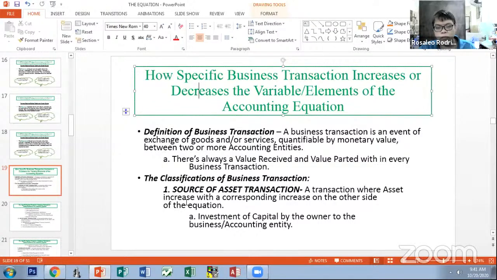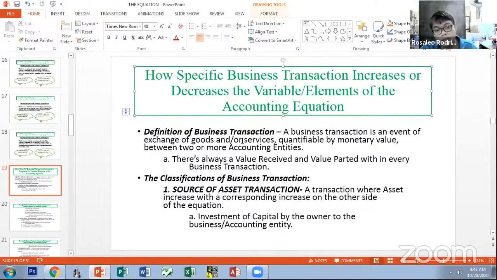So we are now going to the last part of this course, wherein we will deal with specific transactions with corresponding values and amounts, of course, and analyze those and determine their increases and decreases to the variables of the accounting equation.